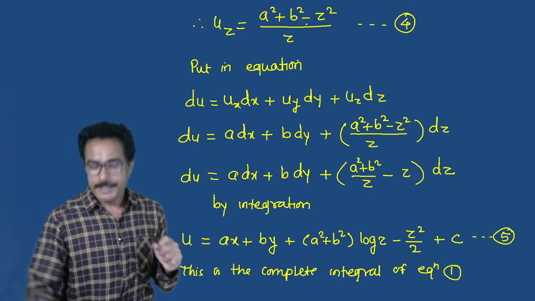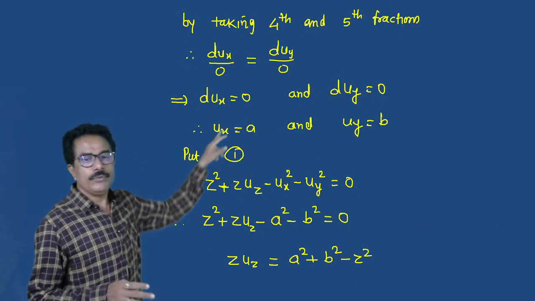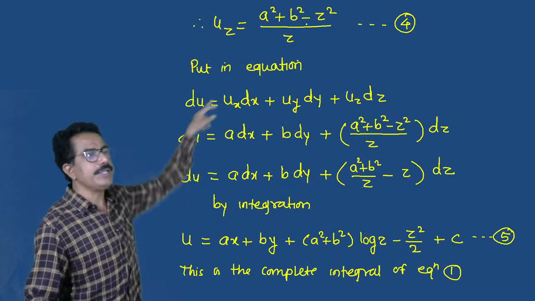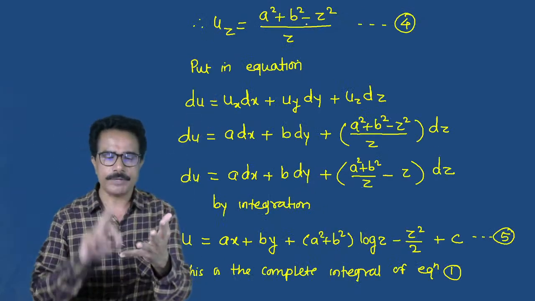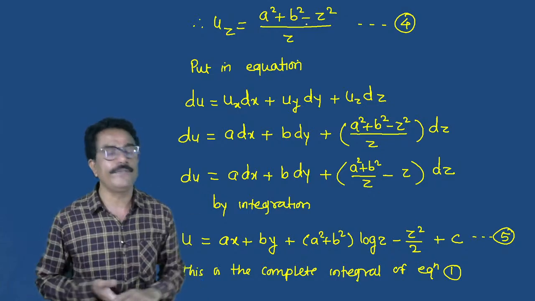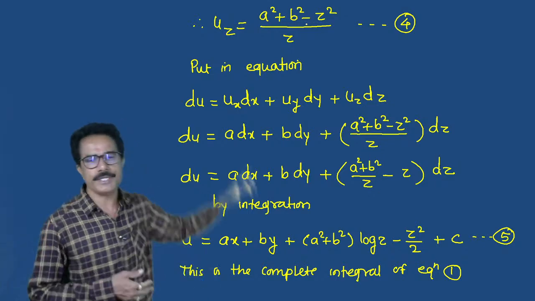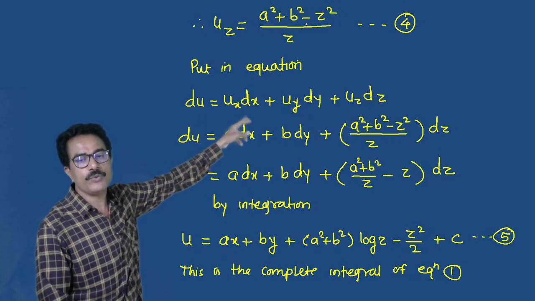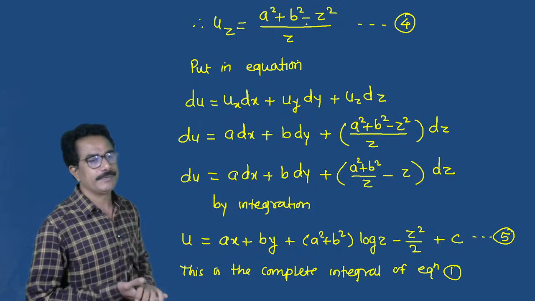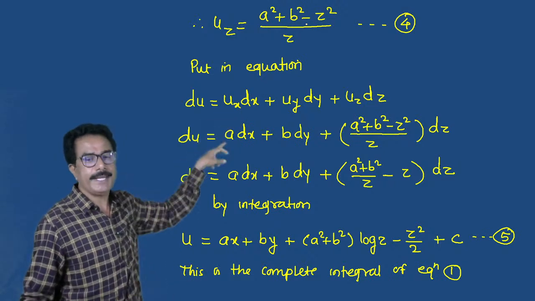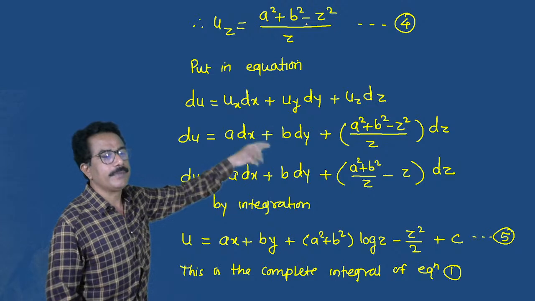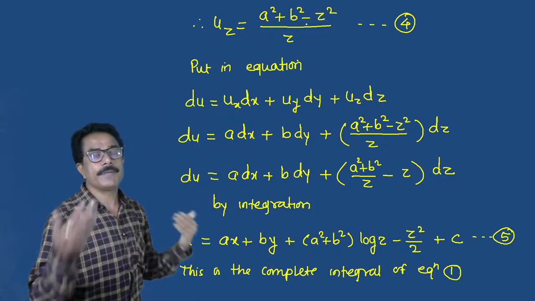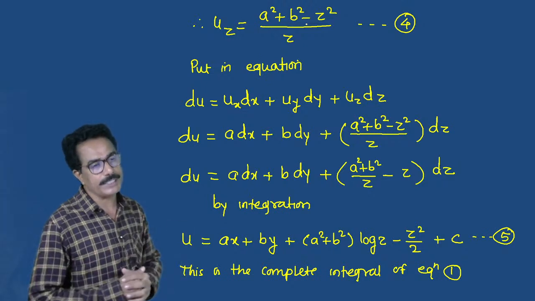In this way we have calculated ux, uy and uz. Putting these values in the Pfaffian differential equation, du equals ux dx plus uy dy plus uz dz. ux means a, uy means b, and uz means a square plus b square minus z square upon z, dz.